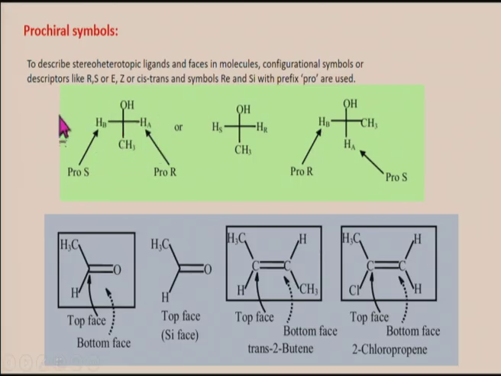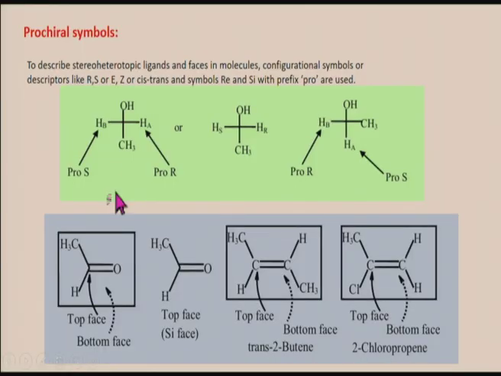So, it is a prochiral center here, and when we are trying to convert this prochiral into a chiral center, okay, you can substitute these homotopic ligands with a third, different element here, then it may convert into an R isomer or the S isomer, right. So, if it is converted into R isomer, it is called the Pro R. If it is converted into S isomer, then it is called Pro S here, right.